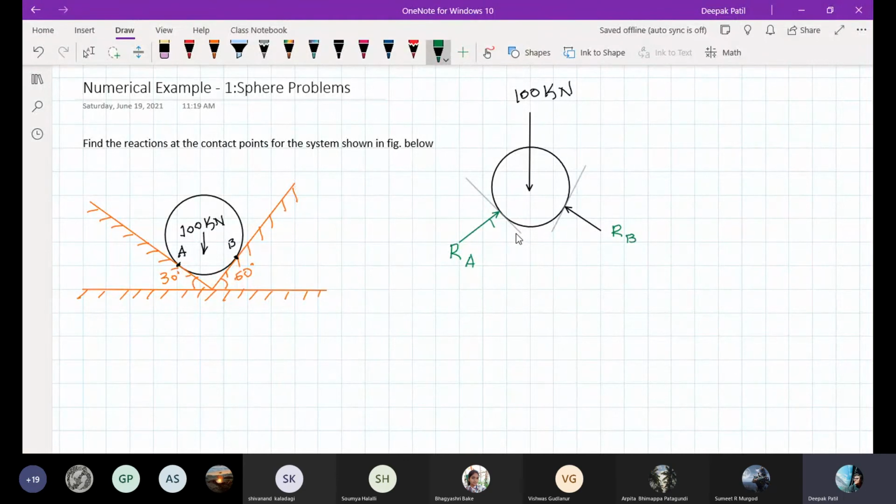These reactions are always perpendicular to the contact surface. So if this is the contact surface, these reactions will always be perpendicular to it. This angle will always be 90 degrees and this angle will also be 90 degrees. This is my point A and this is my point B, and this is the center point of the sphere. Are you clear, students, with this diagram?